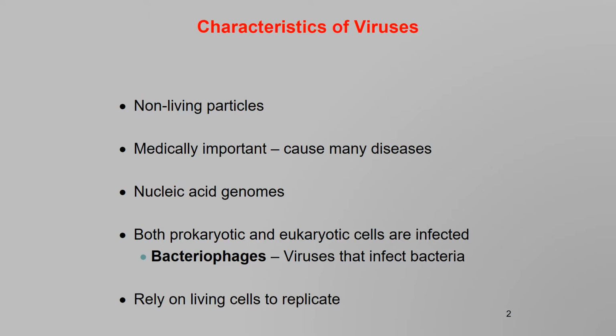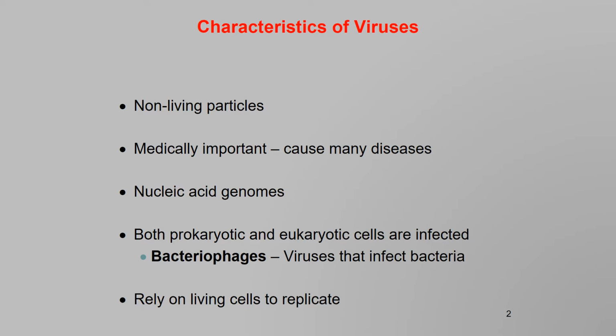Okay, so basic characteristics of a virus. First of all, they are non-living, and I know that we've been through that before, but they need a cell to be able to make more of themselves, so they are considered non-living. We know that they cause a lot of diseases, and they have a nucleic acid genome.